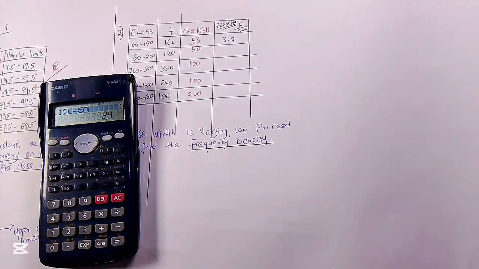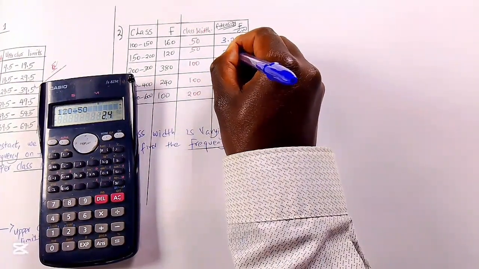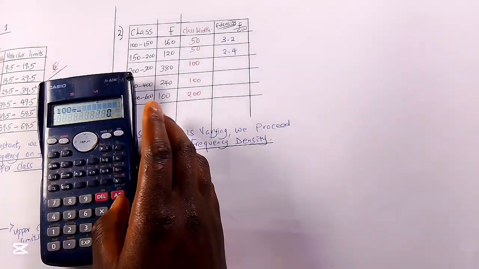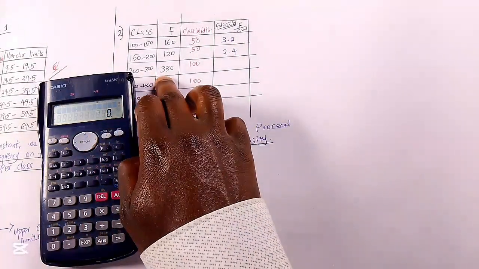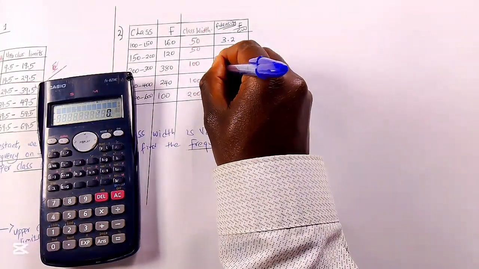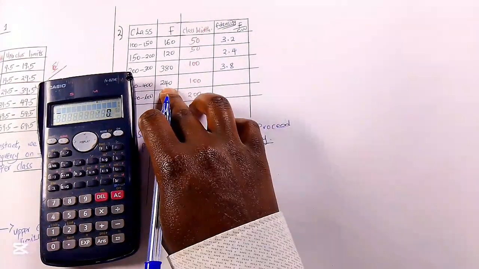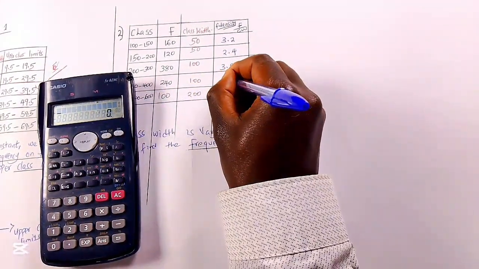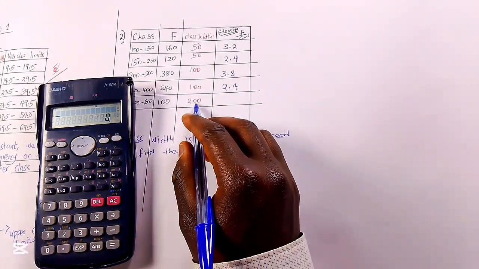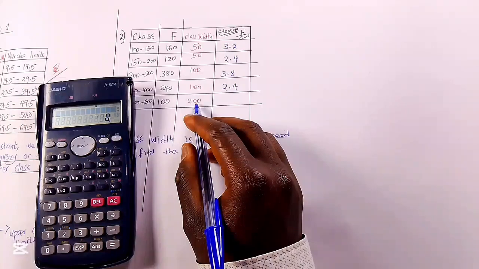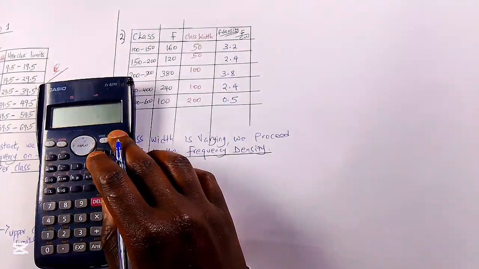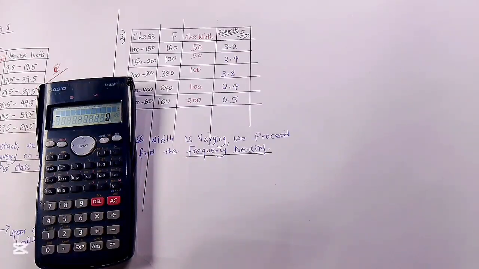That will give us 2.4. Then 380 divided by 100 is equal to 3.8. Then 240 divided by 100 is equal to 2.4. Then we have 100 divided by 200, that is equal to 0.5.